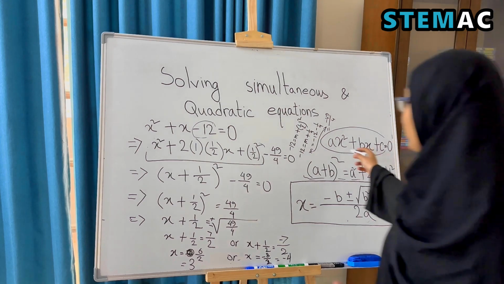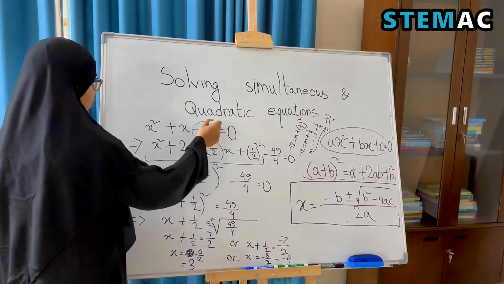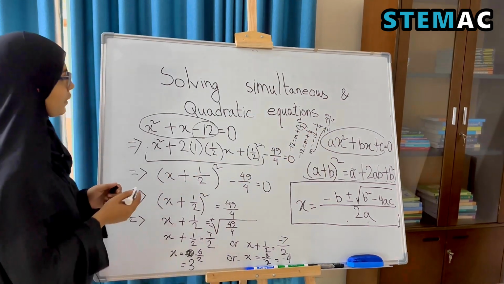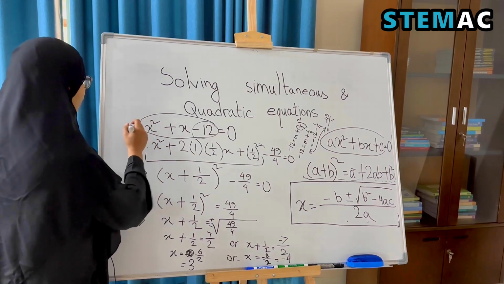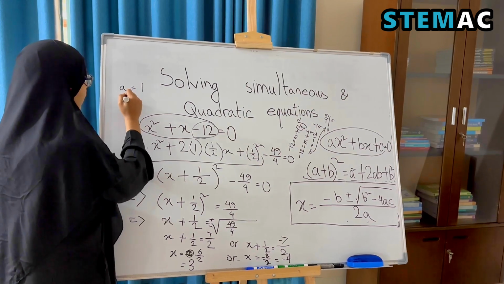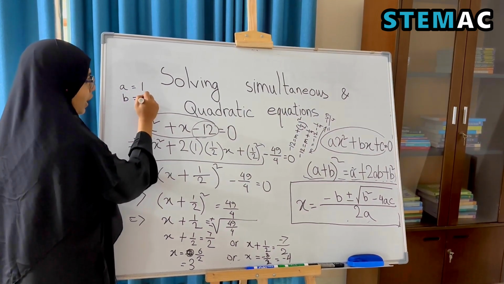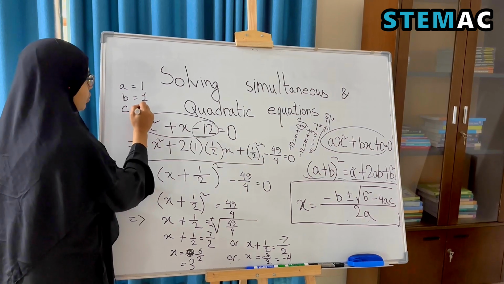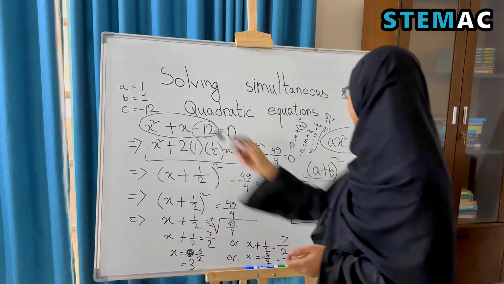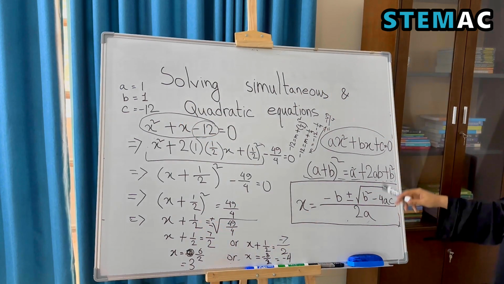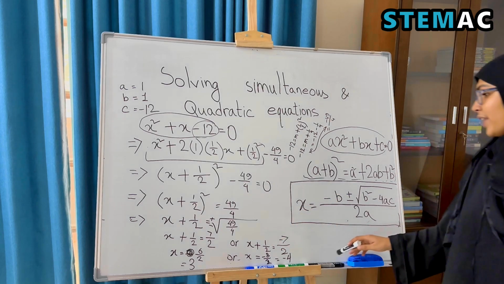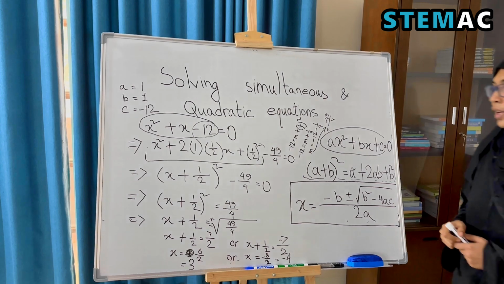So if we compare this equation x square plus x minus 12 with the generalized form ax square plus bx plus c, we get a equals 1, b equals 1, c equals minus 12. We just have to put the values of a, b, c in here to get the value of x, and we would get the value of x as 3 and minus 4. That's all for today.